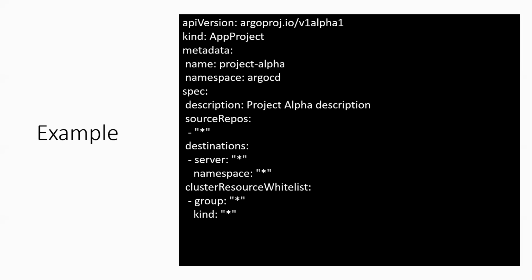Next is the cluster resource whitelist. This file also allows us to do a couple of things. One is a whitelist and a blacklist. On the whitelist part, whitelisting is about cluster resources. We can create it here. Cluster resources are things like creating namespaces or CRDs, etc. If you want to restrict those things, you can do it using this whitelist.